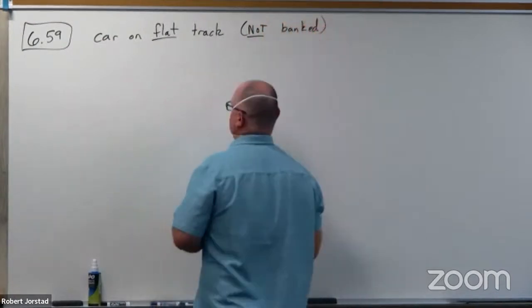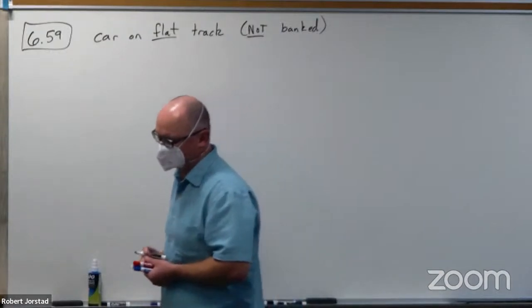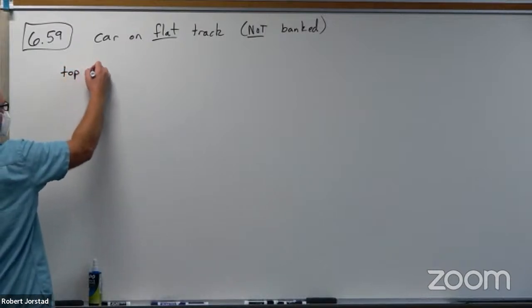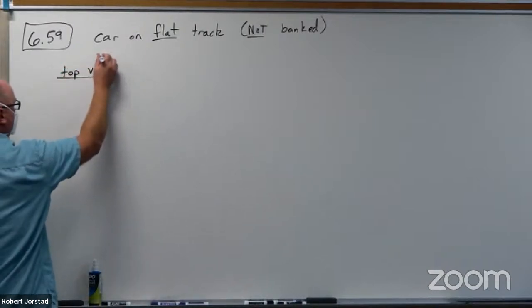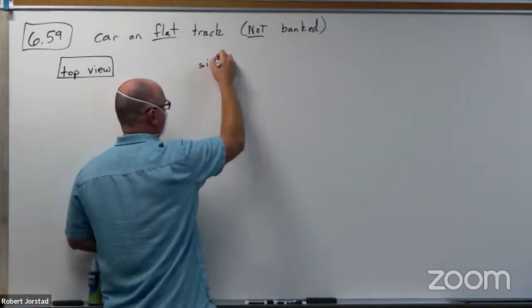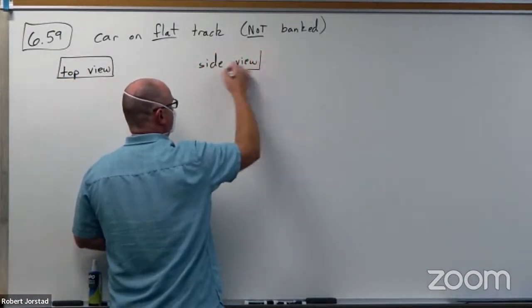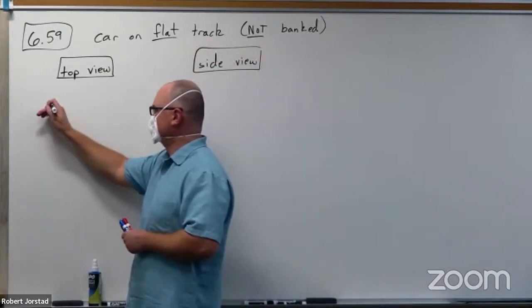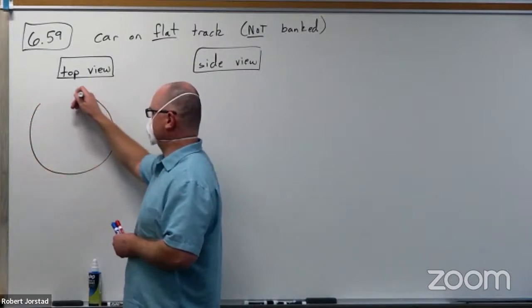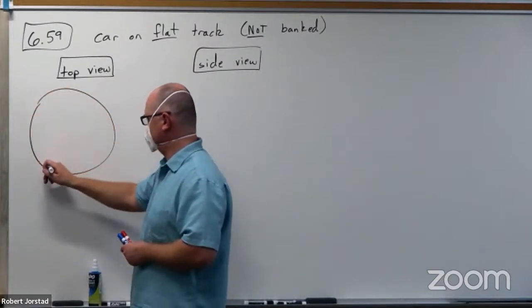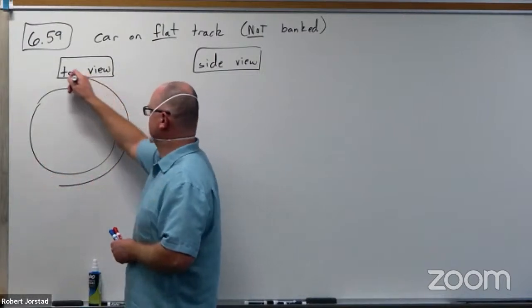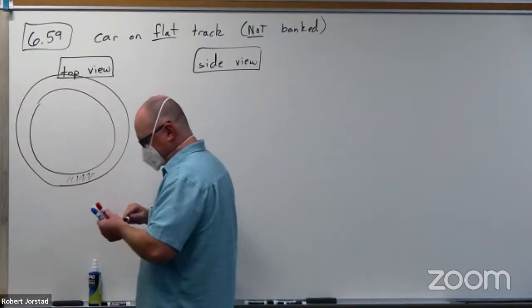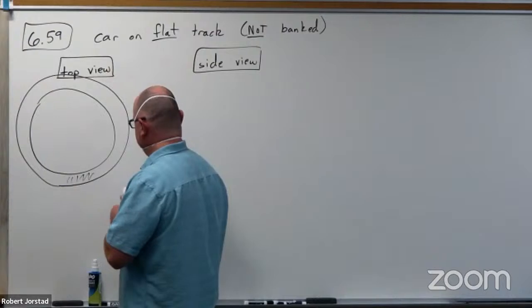Let's keep it easy. Let's start with a car on a flat track. Generally speaking, we're going to want to draw two viewpoints here. These problems are very difficult to visualize sometimes, so I like to have multiple pictures. Let's imagine we have a car going around. That's not very circular, but it's good enough. Here's the track. Let's say we have a car here.